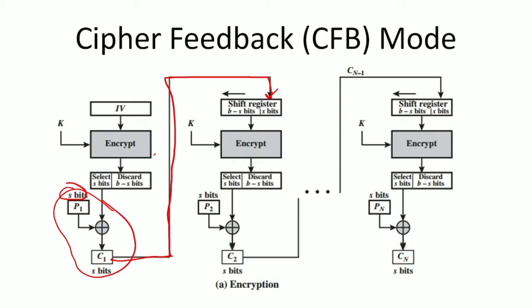So there are 4 variants of CFB, known as CFB1, CFB8, CFB64, and CFB128. So let's say if we are using CFB8, we are going to use S equal to 8, which means that we will have our P1 equal to 8 bits, and then we are going to XOR it with a key block that is also going to be 8 bits.